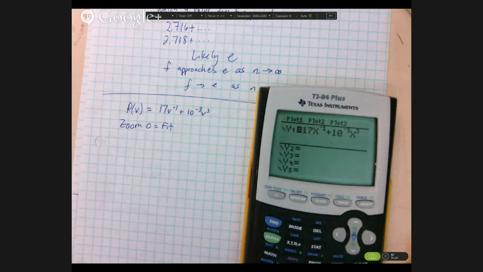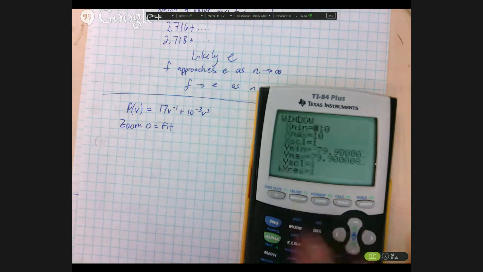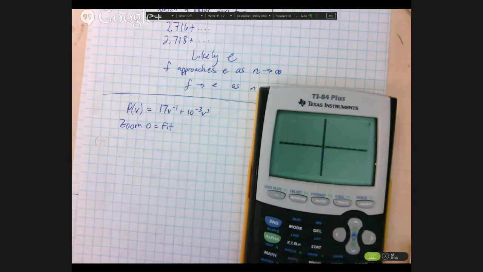It's Zoom standard and it might look right. Try this window. You did 40s, right? There we go. That looks better.